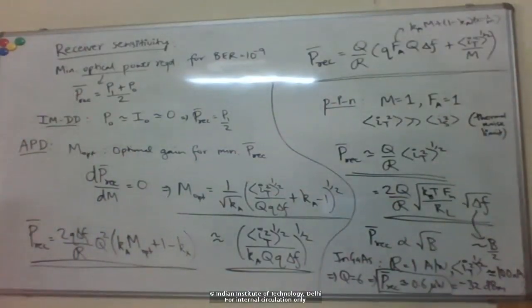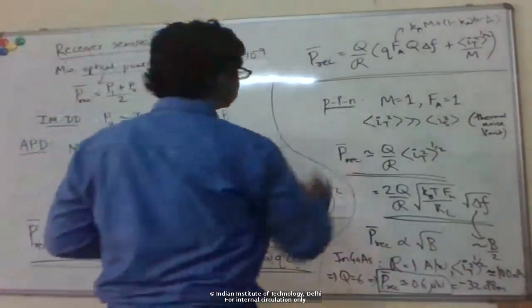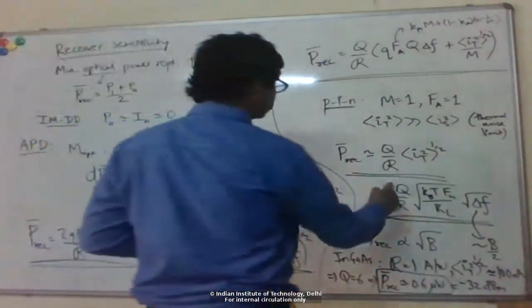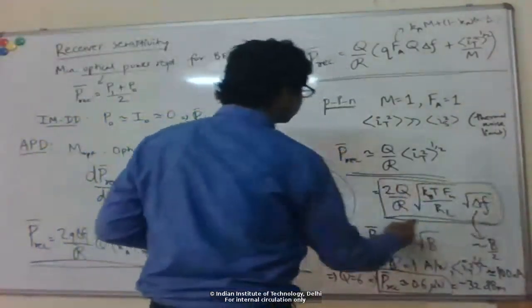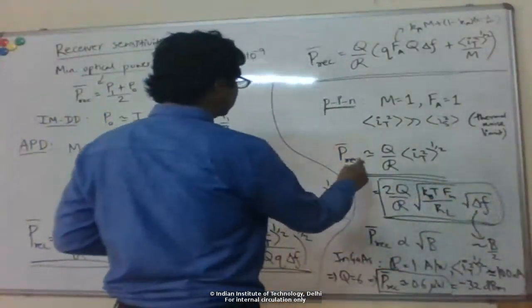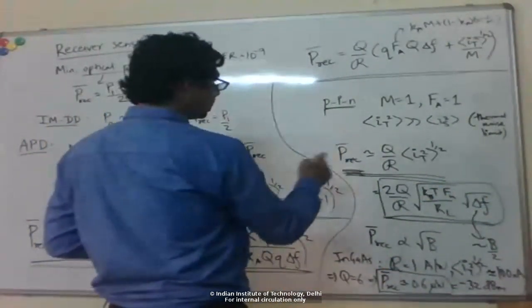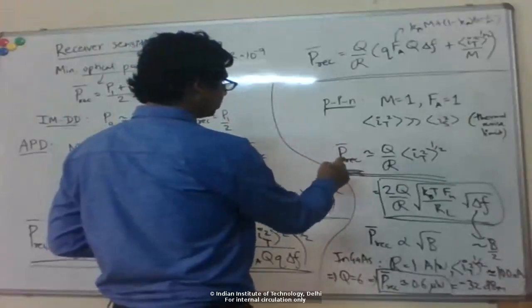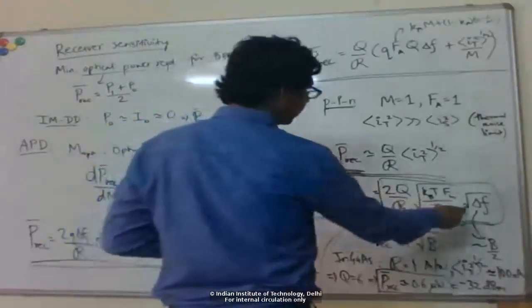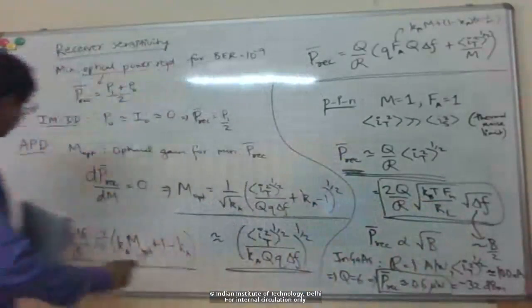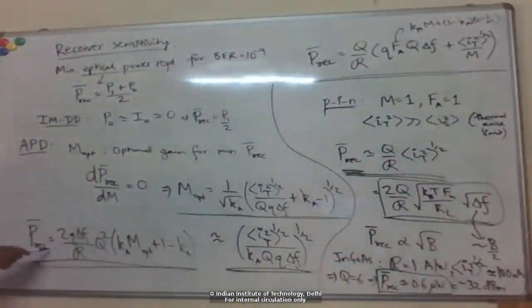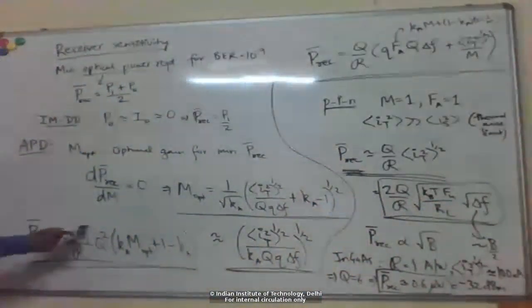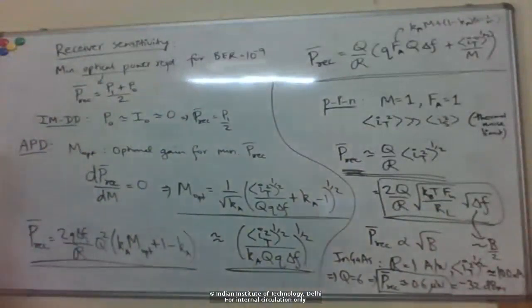So if we compare to the receiver sensitivity for the PIN photodetector, you see here one difference: for the PIN photodetector, the power required scales as the square root of the bit rate, whereas here for the APD, you can see that the power required scales linearly with the bit rate.